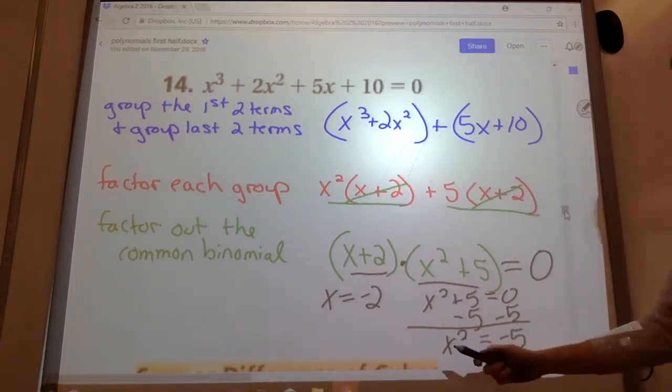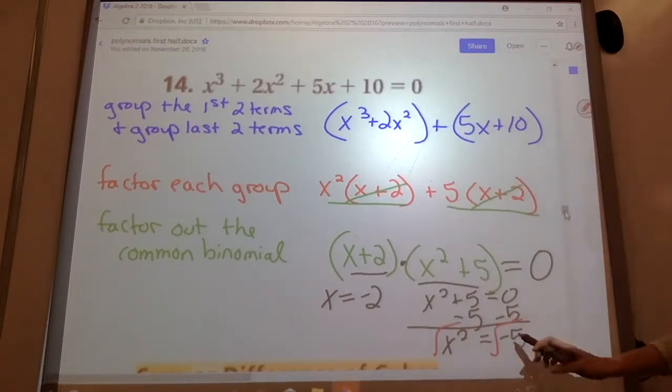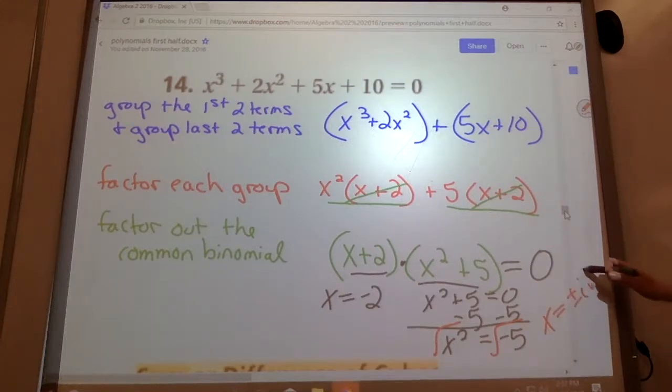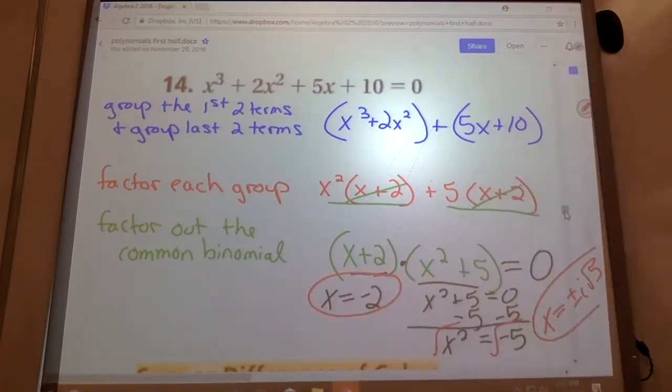How do I get rid of a squared? Square root both sides. What do I do when I have a negative underneath the square root? Oh, you can't do that. Take out an i. So x would equal plus or minus i root 5. There's 2 roots, positive i root 5 and negative i root 5. And here's my third, negative 2.